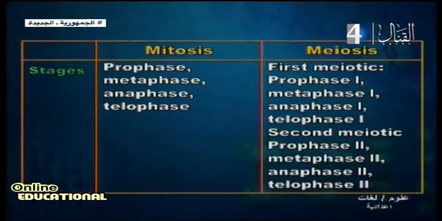First, meiosis 1: prophase 1, metaphase 1, anaphase 1, and telophase 1. Now we have 2 cells. These 2 cells divide again in meiosis 2: prophase 2, metaphase 2, anaphase 2, and telophase 2. And here at the end of telophase 2 we have 4 cells.